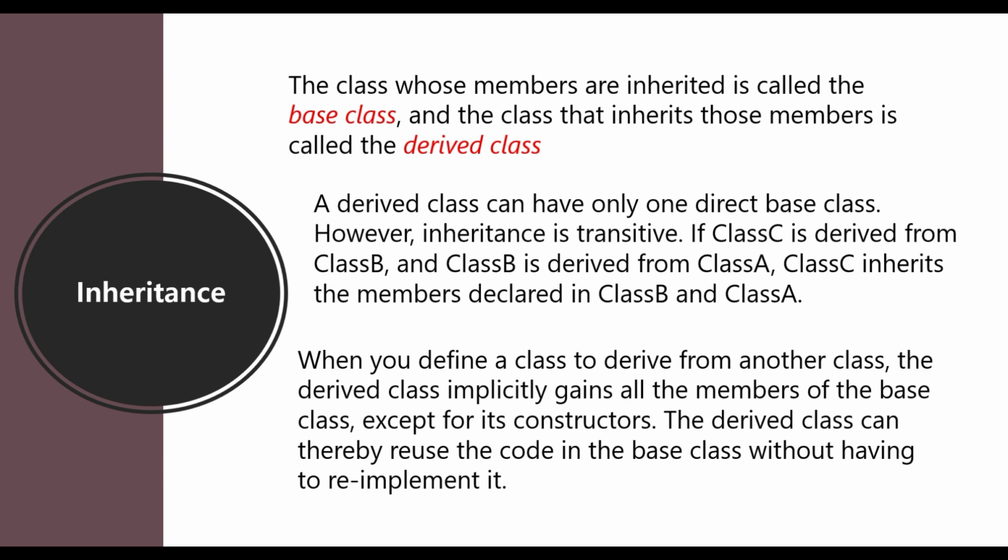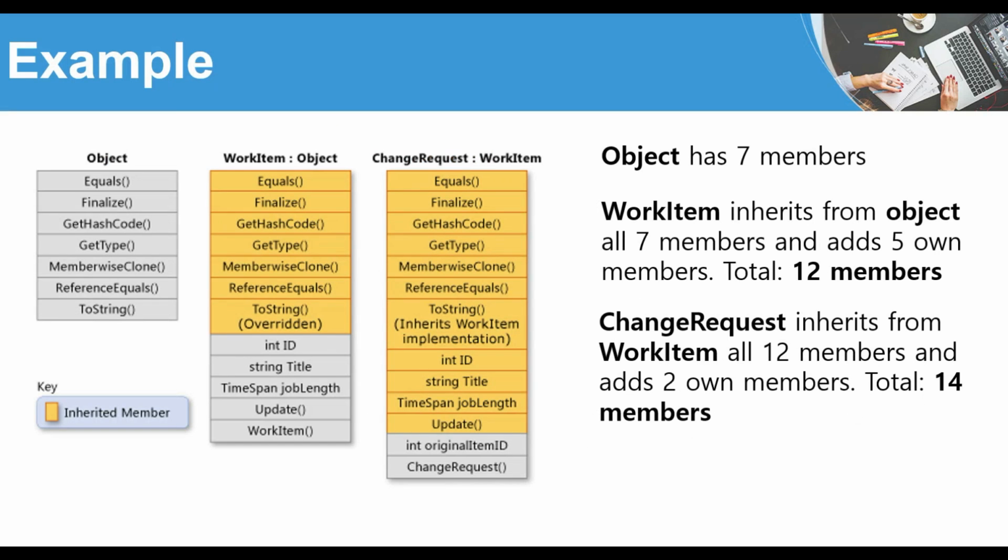And therefore the derived class can create its own constructors. Also, the derived class can reuse the code in the base class without having to re-implement it. And when we go to the practical part, I think we will see exactly how this works and things will become much clearer for you at that point.